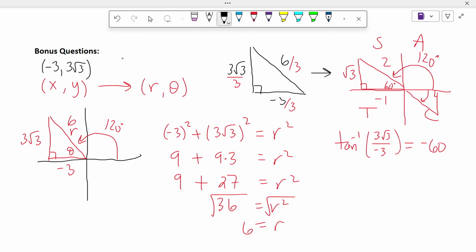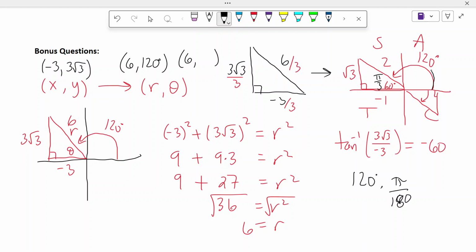So in degrees for our polar form, we got 6, 120 degrees. In radians, do you know what 120 degrees is? You could convert: 120 times pi over 180. Or if you're really slick, I think it's quicker to realize that 60 degrees is pi over 3. But we don't want pi over 3.